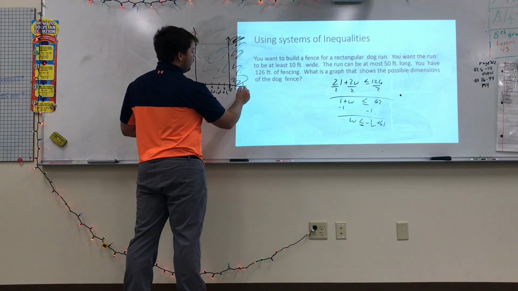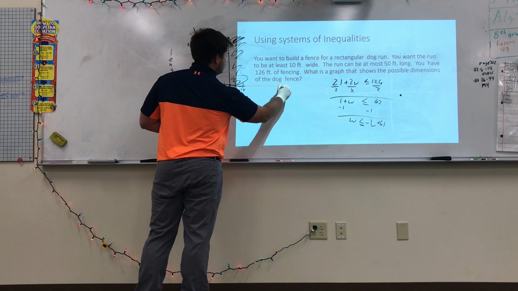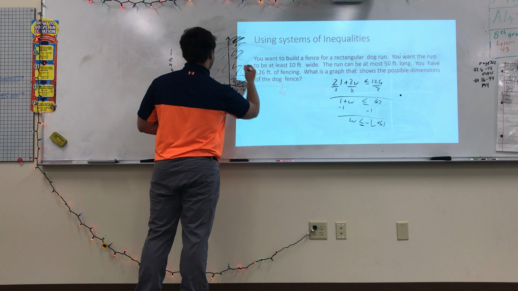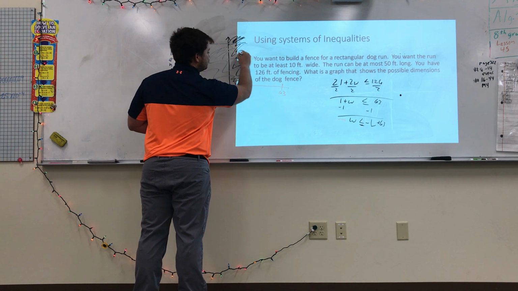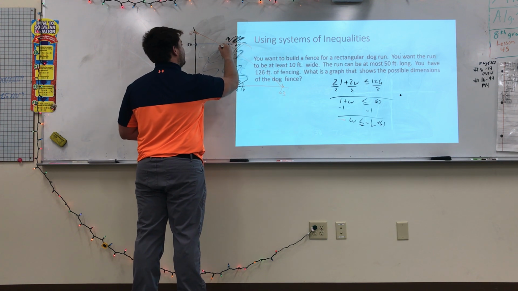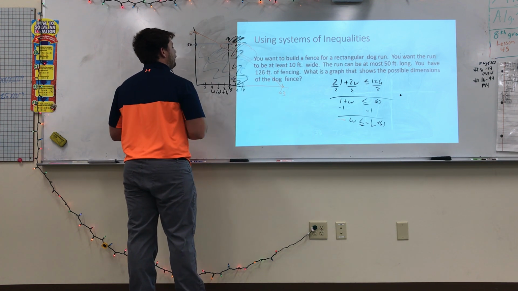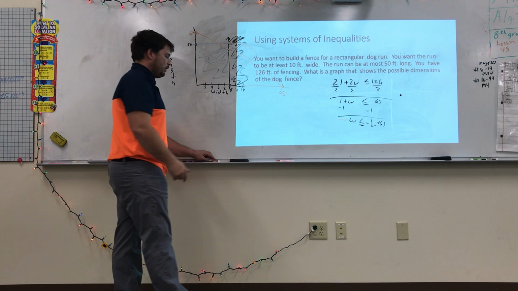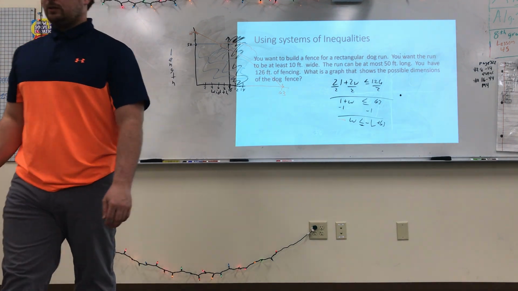So you'd be a 1-to-1 ratio, which means you probably could go out to here at 63. So you'd be in this area right here is the amount of fence you could have that makes all three inequalities correct.